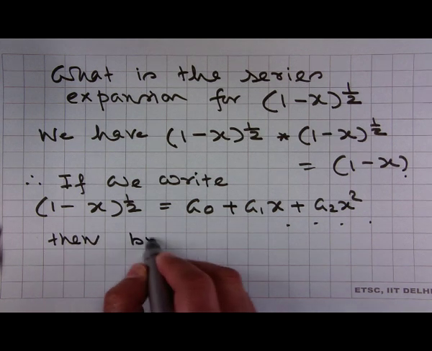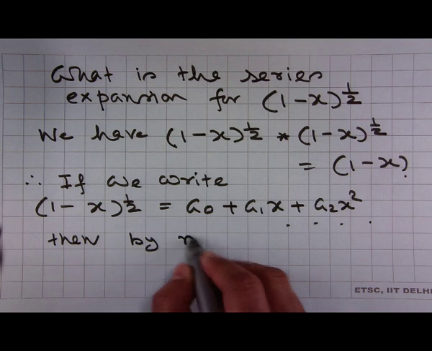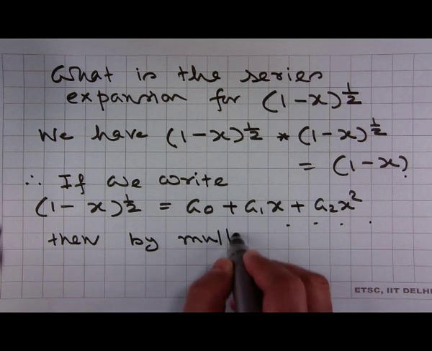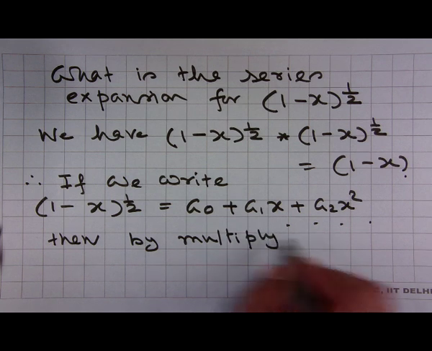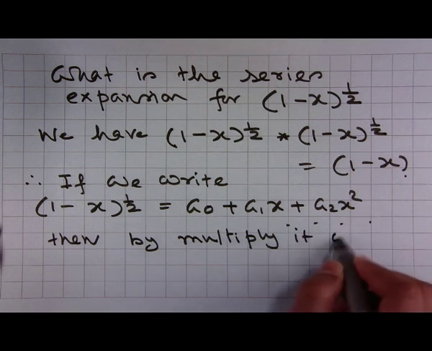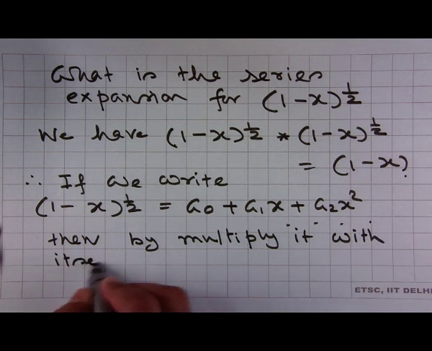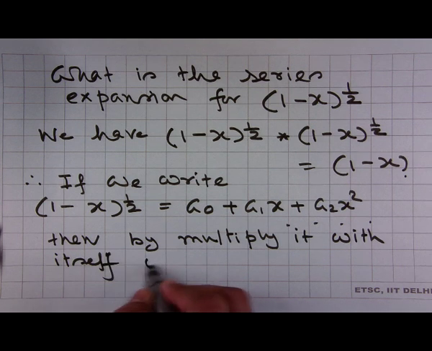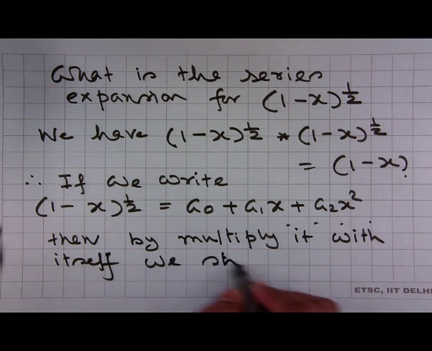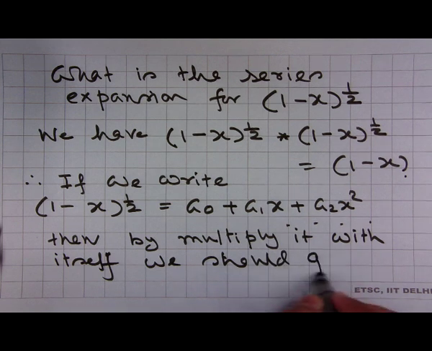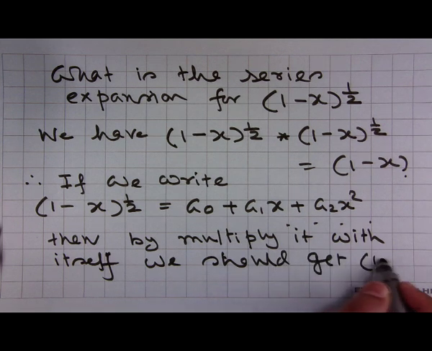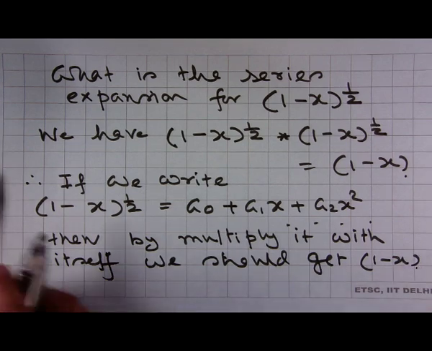then by multiplying it with itself, we should get 1 minus x. So, let us try that.